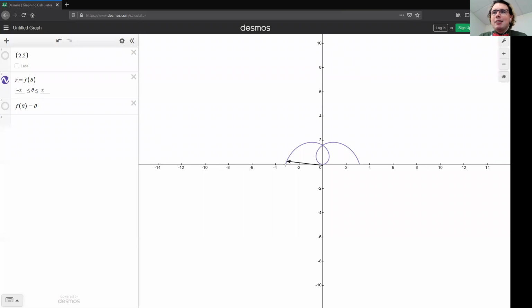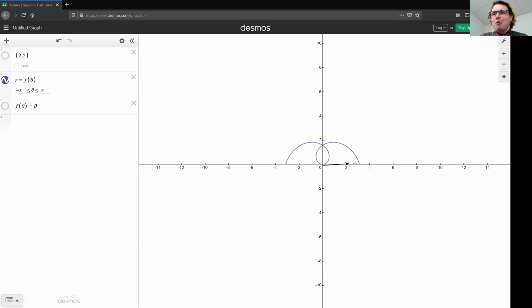I'm turning to look out at, say, theta equals -pi, theta equals -pi on 2, theta equals 0, theta equals pi on 2, theta equals pi. This arrow here is representing the direction that I face.